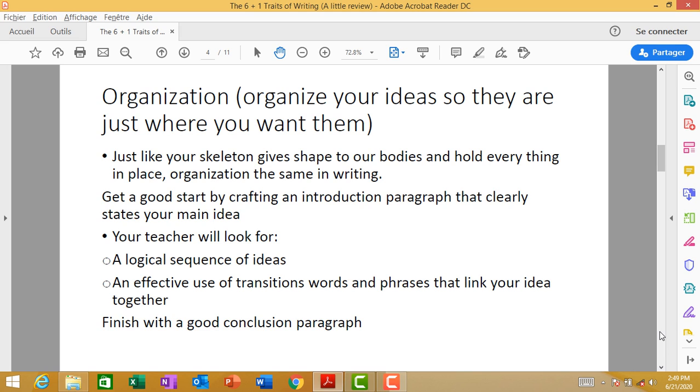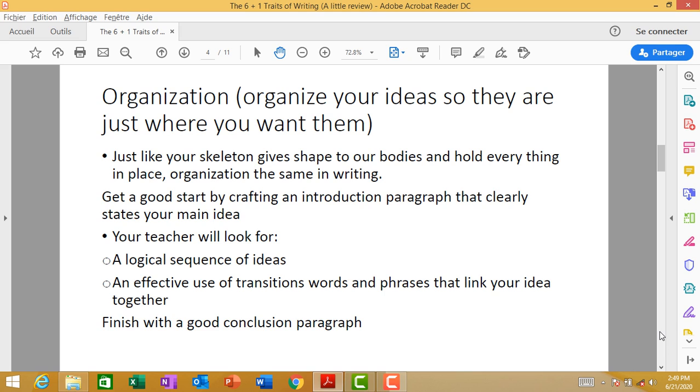So you might have guessed it. Organization is going to be you organizing your ideas so that they are just where you want them to be. You're going to connect them together, give them sense. So just like your skeleton gives shape to your body and holds everything in place, organization does just the same.